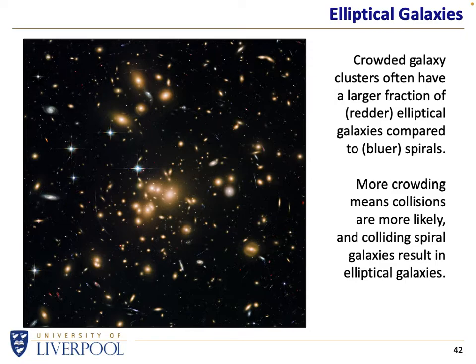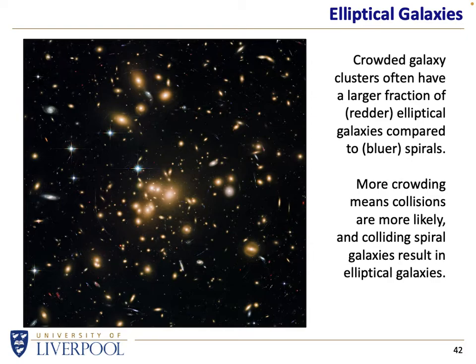Why do we tend to find galaxy clusters are mainly red rather than mainly blue? Well, it's because they're crowded. A larger fraction of redder galaxies in these clusters simply because these clusters are crowded, and if they're crowded, they're more likely to interact with their neighbors.